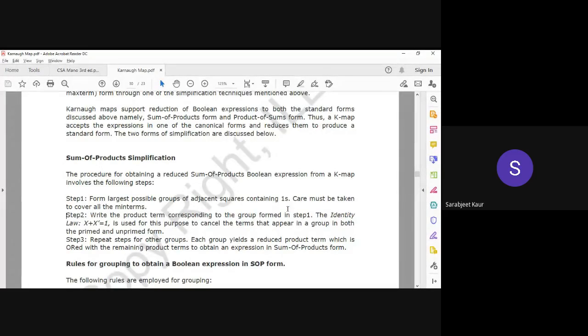The identity law x or x prime is equal to 1 is used for this purpose to cancel the terms that appear in a group in both the primed and unprimed form. So when I am writing the AND term corresponding to one group, I will cancel all the variables which appear in both primed and unprimed form.